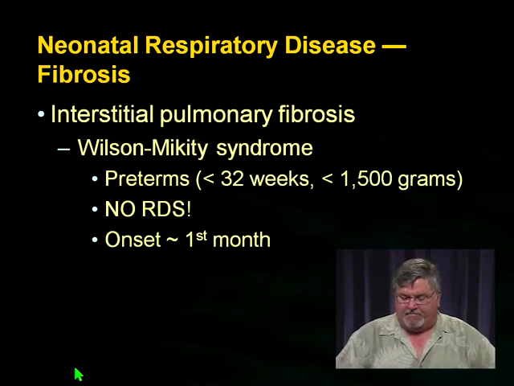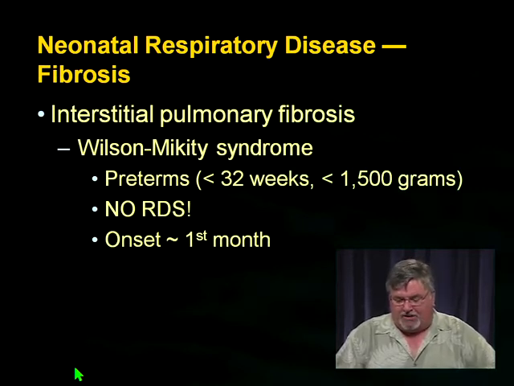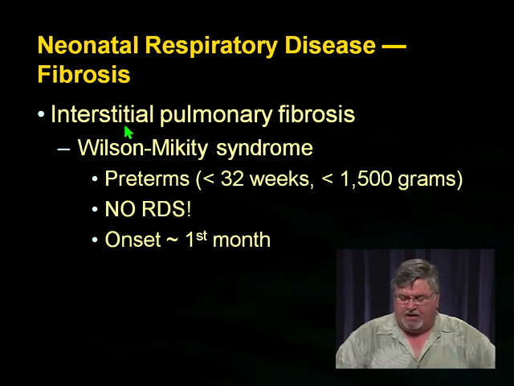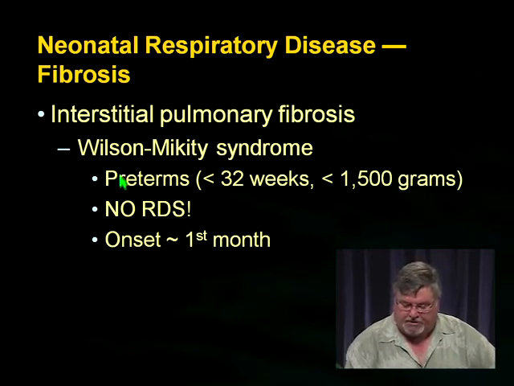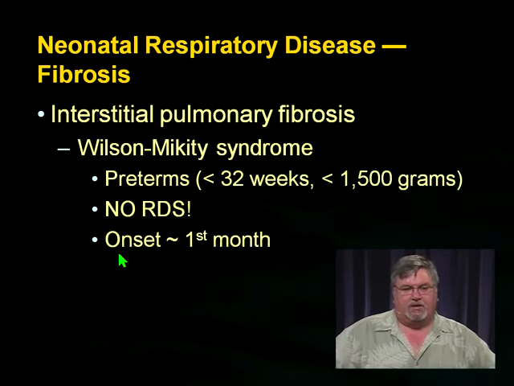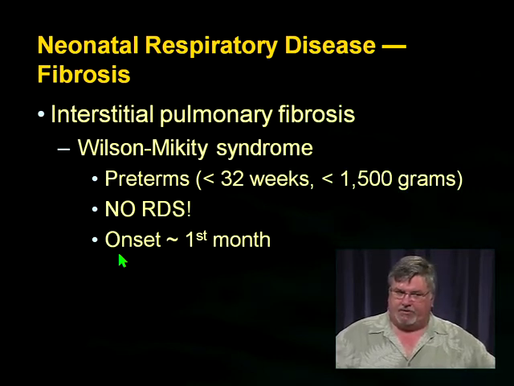Interstitial pulmonary fibrosis, this is a disease that lives only on the test. So-called Mikity-Wilson syndrome. So I think they call it more interstitial pulmonary fibrosis now. This happens in preterms with no respiratory distress syndrome and generally has onset at the first month. So this, if you will, don't tell anybody I told you this, is like BPD without RDS.